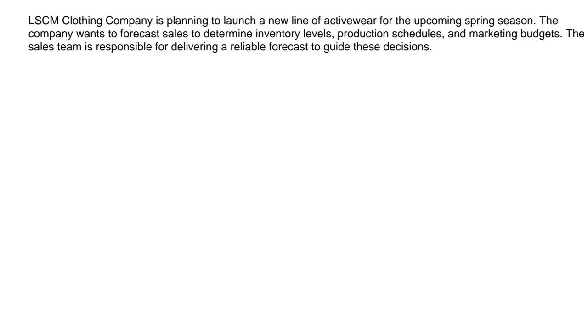And then step 6. Step 6 is basically measuring your forecast. By measuring the forecast, you need to monitor or track your sales data weekly and compare it to what you forecasted.